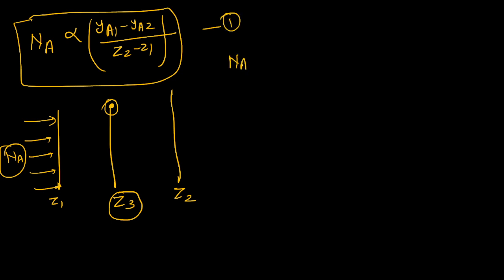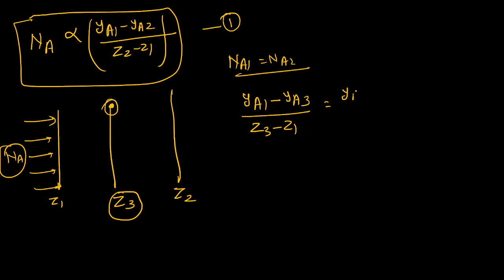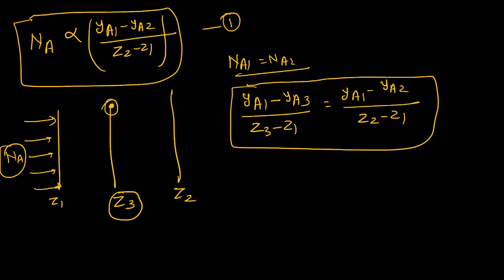So can I write Na1 equals Na2? So I can write directly YA1 minus YA3 by Z3 minus Z1, that is equal to YA1 minus YA2 upon Z2 minus Z1, right?